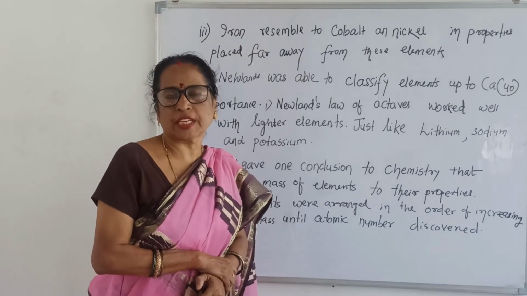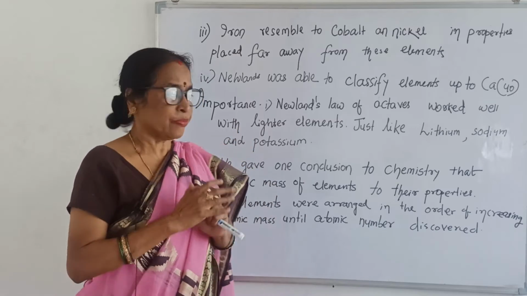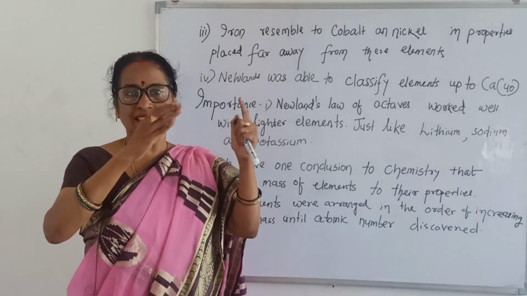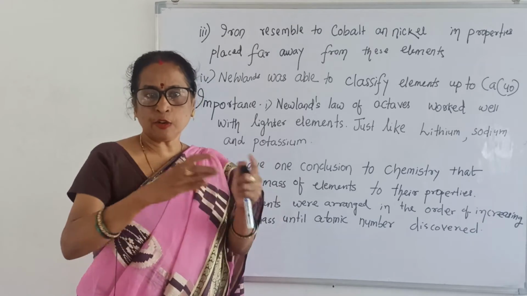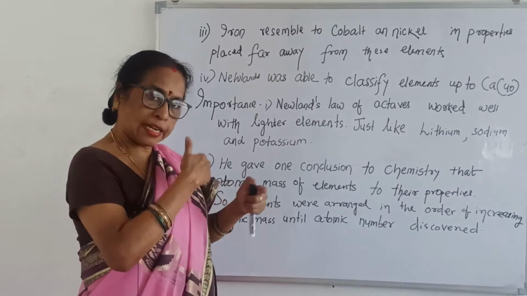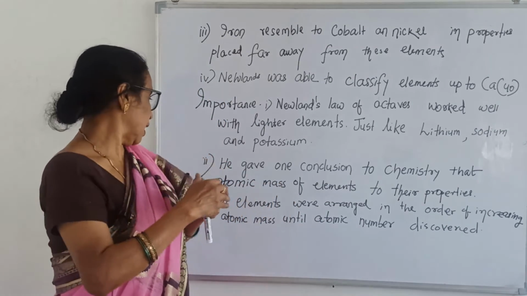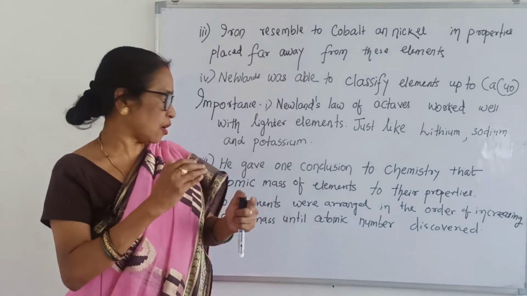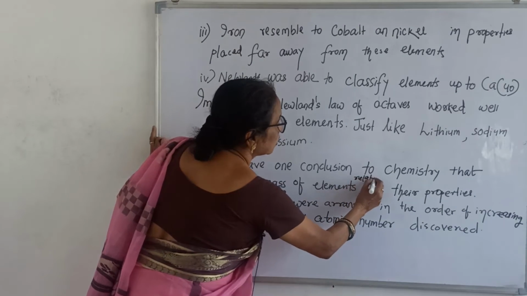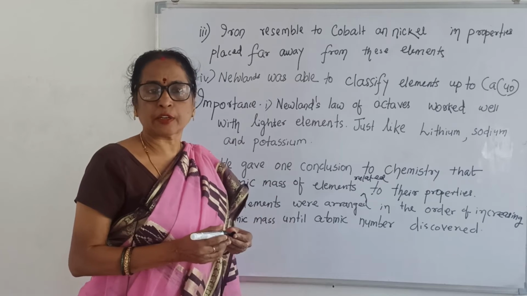He gave one conclusion to chemistry, because he arranged the elements according to their atomic mass. He proved that the atomic mass of elements is related to their properties. So elements were arranged in the order of increasing atomic mass.